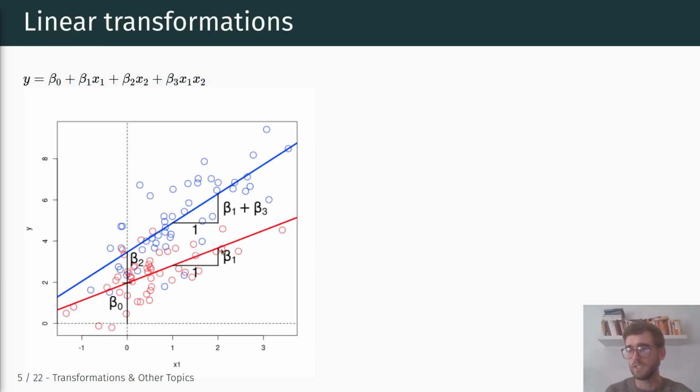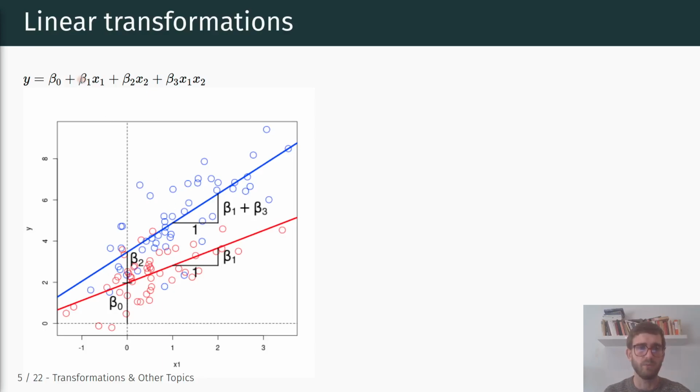So for now assuming that x2 here in this case is a dichotomous indicator, and these red dots are cases where x2 is equal to 0. We have beta 1 as the expected average difference in y for 1 unit increase in x1.